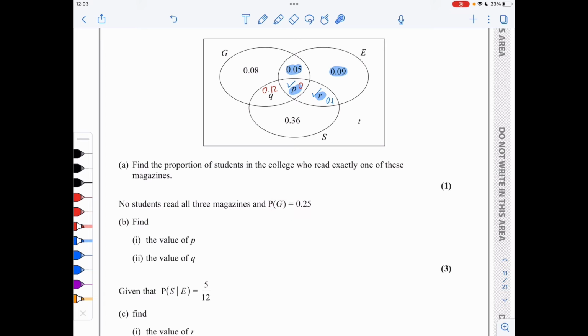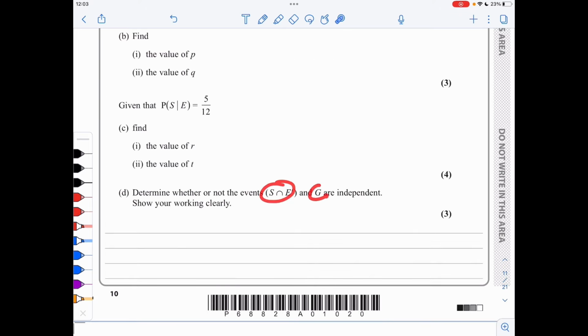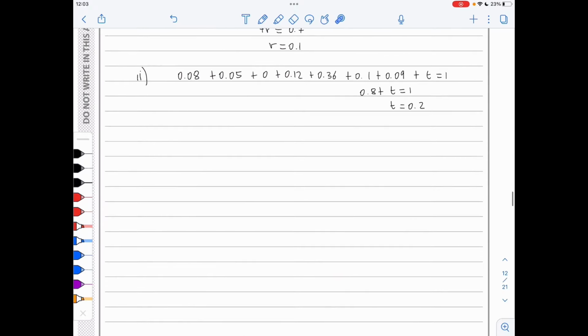I'll have to compare the product of the two probabilities with the probability of the intersection to see whether they are independent or not. So I start by stating that the probability of S intersection E dash is simply 0.12 plus 0.36, which is 0.48. The probability of G has been given to be 0.25. The probability of S intersection E dash intersection G means I'm in S, I'm in G, but I'm not in E, which is simply 0.12.